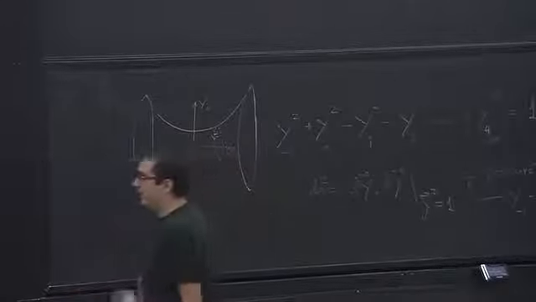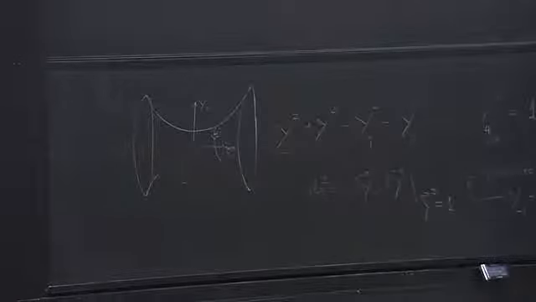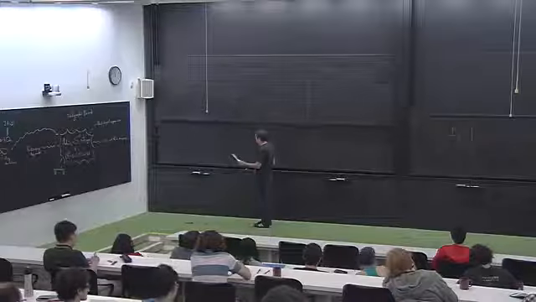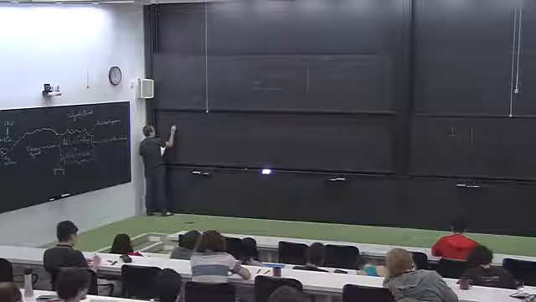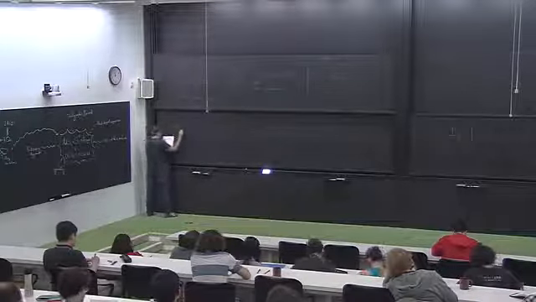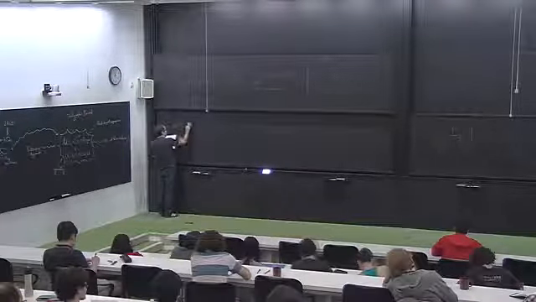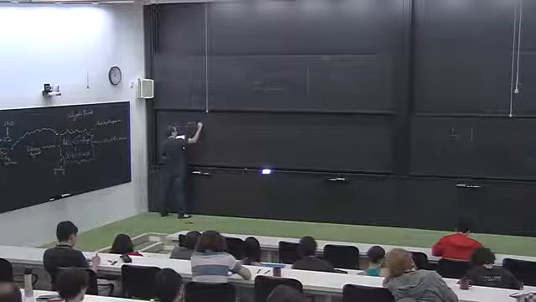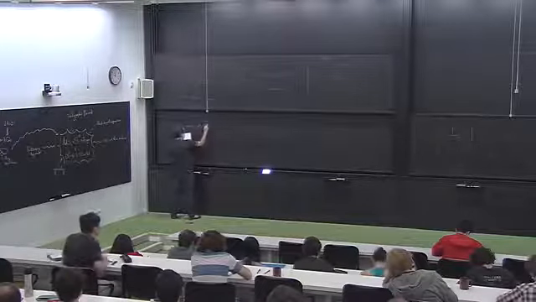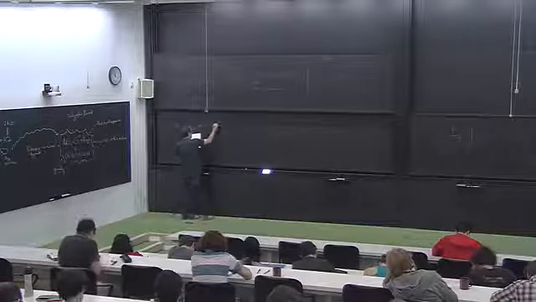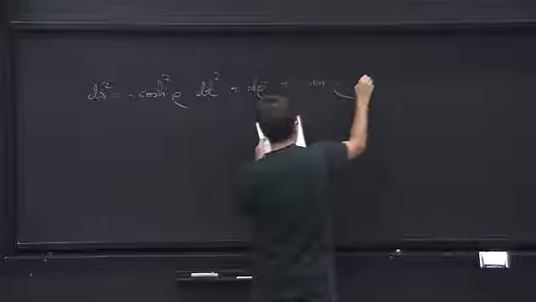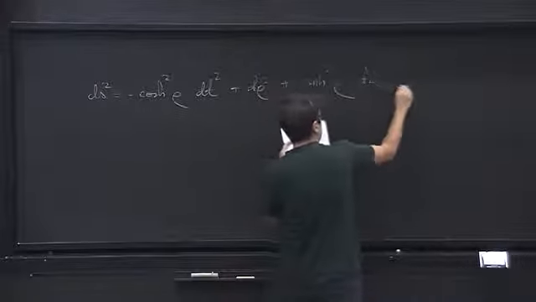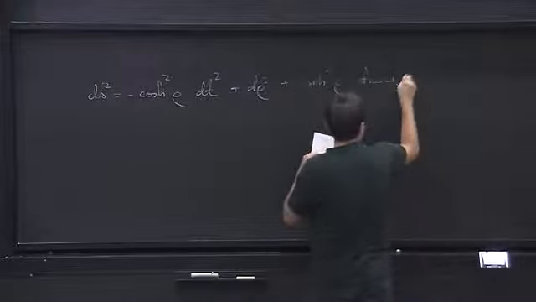And I can ask how the metric looks in this case. When I use these coordinates, ds squared becomes minus cosh squared of rho dt squared plus d rho squared plus sinh squared of rho times the metric of a 3-sphere.